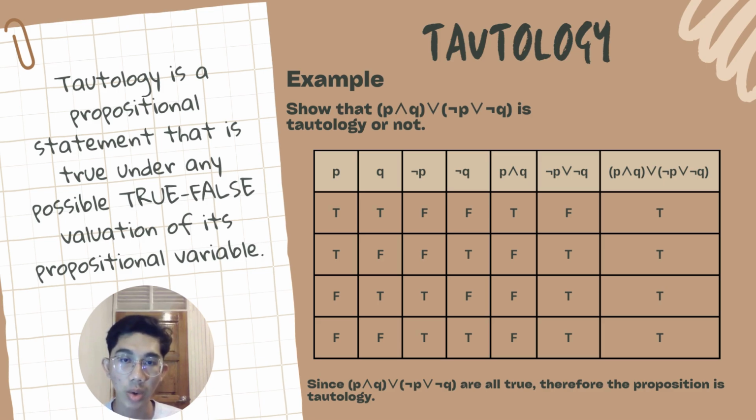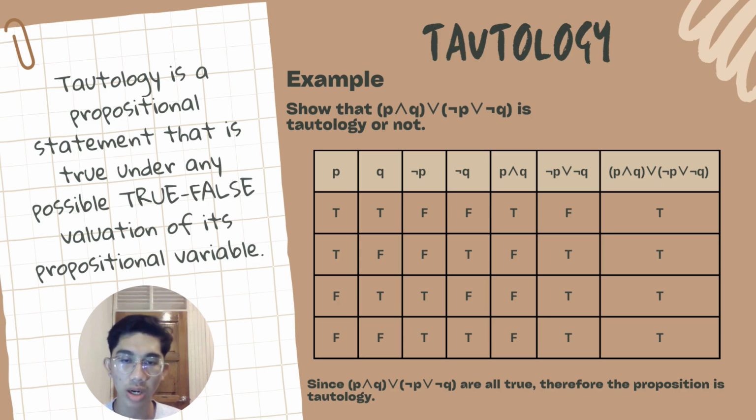For example, the question says show that (P conjunction Q) disjunction negation P disjunction negation Q is a tautology or not. For how to draw the table, we use the formula 2 to the power of n. Here the unknowns are P and Q, so we have 2.